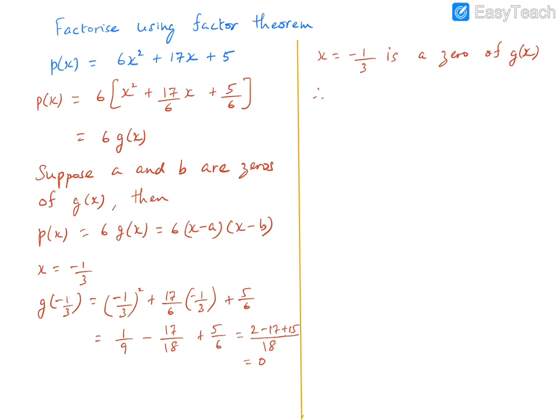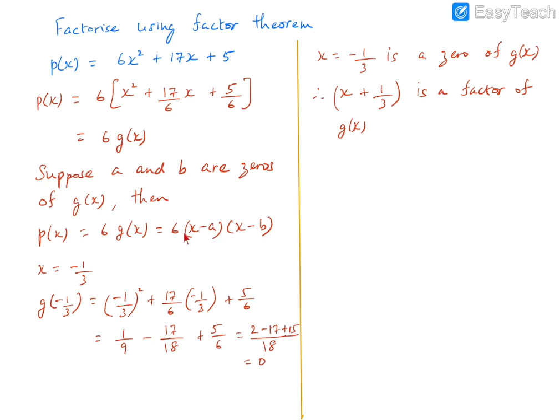So therefore x plus 1 over 3 is a factor of g of x. Again, by trial we have to find the second 0. So one of the 0, which is a, is minus 1 over 3.